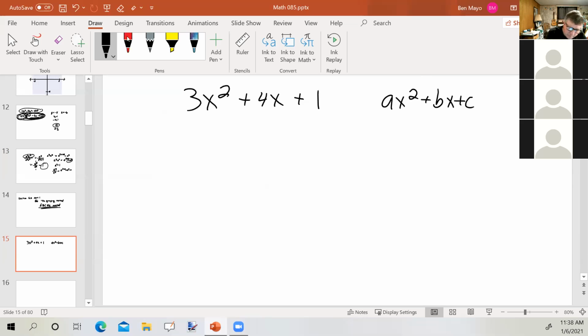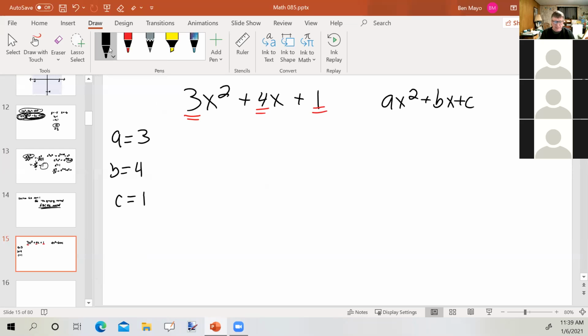So a, b, and c are the coefficients of the 3 terms once they're put in descending order. Okay. So a is 3, b is 4, and c is 1. Any question where I got those numbers from?